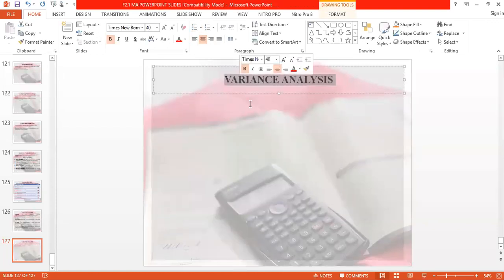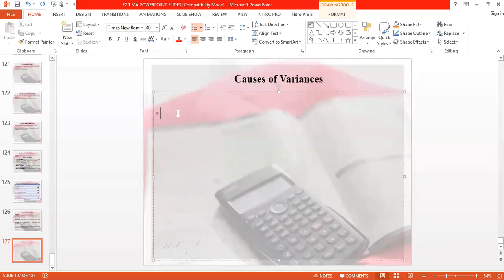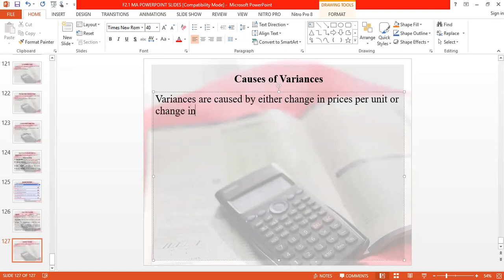So in this, let's look at causes of variances. What causes variances? Variances are caused by either change in prices per unit, or change in quantity, or both.